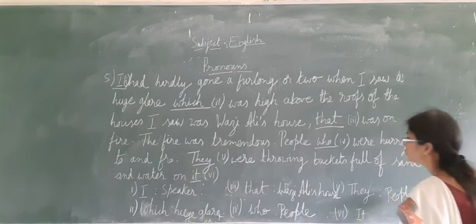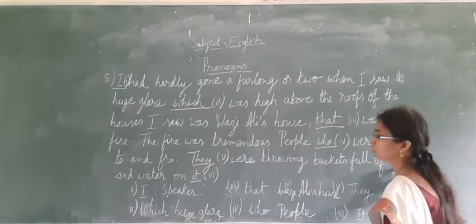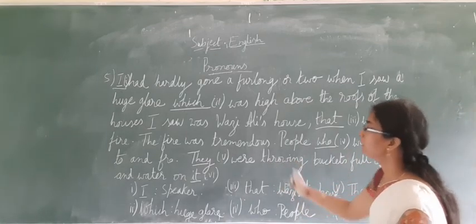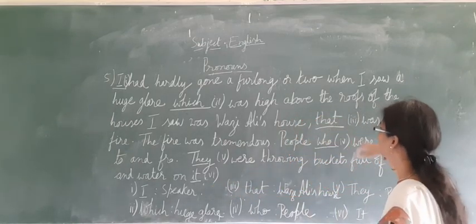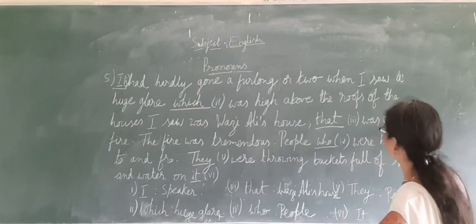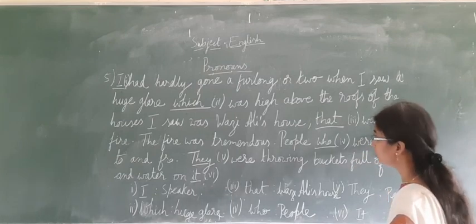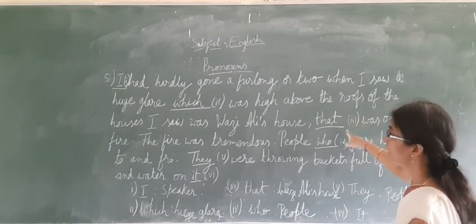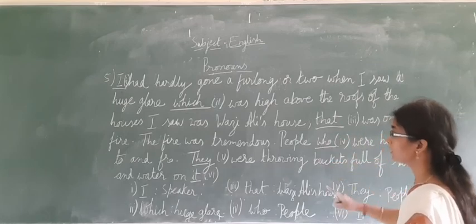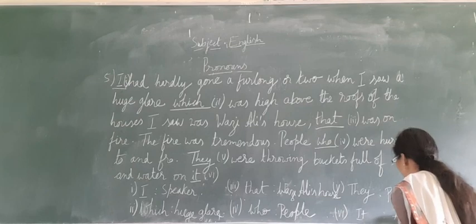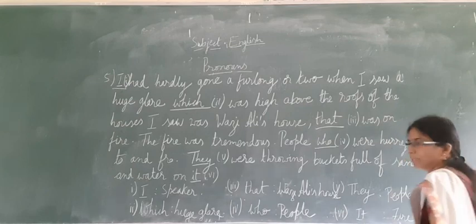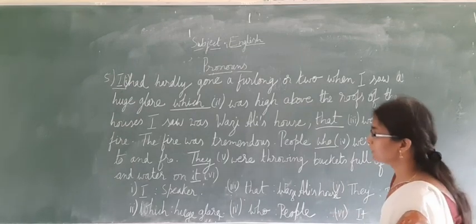They were throwing buckets full of sand and water on it. So 'they' refers to people. On what? On the burning house, on the fire. So 'it' refers to the fire.